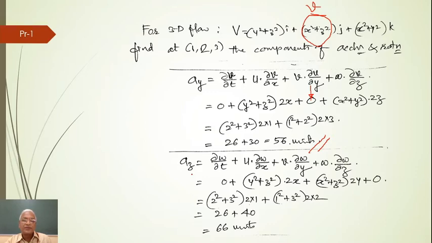Az, the component of acceleration a in the direction of z, dou omega by dou t plus you have u, v, w, and then differentiation of omega itself with respect to x, y, and then z. Omega is not function of time.